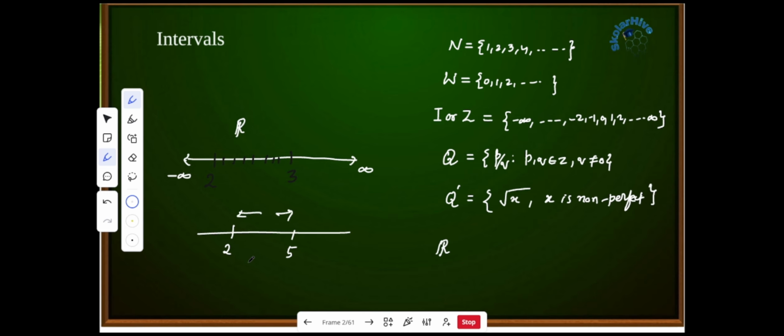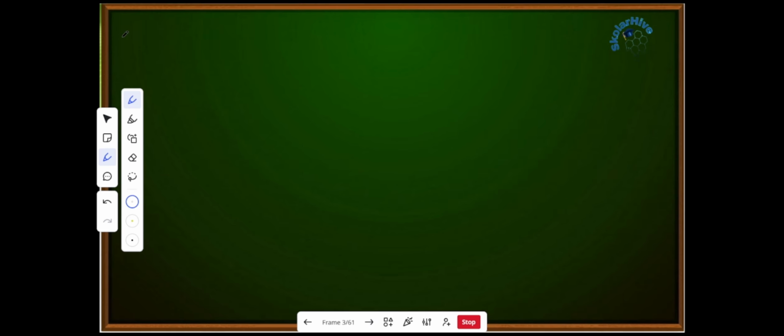For that we use a method of representation that we call intervals. The first kind of interval that we have is the open interval. An open interval means we are given two real numbers and we are looking for all the real numbers between those two points, in which the two endpoints are not included.